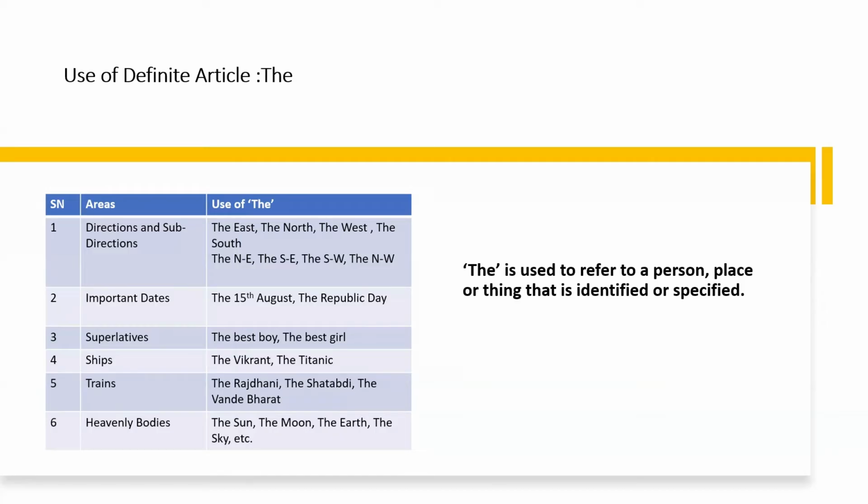We shall now learn about the use of the definite article the. Remember one thing. Sometimes we pronounce it as thee and sometimes as thuh. Why? And how? And in what situation? When there is a vowel or vowel sound, we say thee.